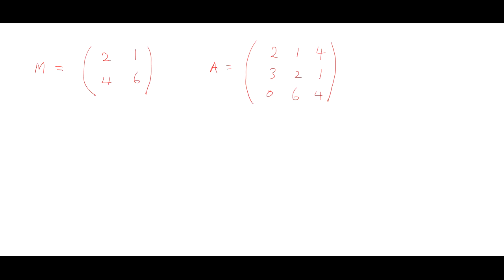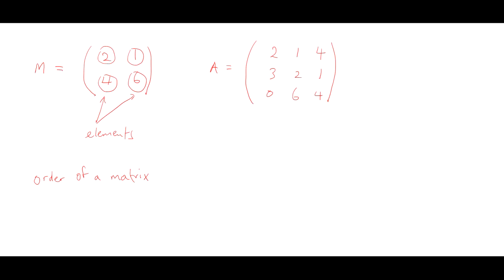Now these numbers inside the matrix, in this case for the matrix M, we have 2, 1, 4, and 6. These are what we call elements of the matrix, right? And we have something called the order of a matrix.